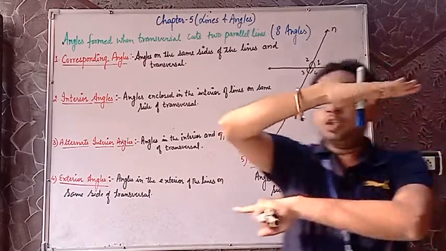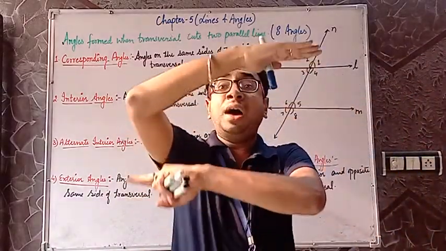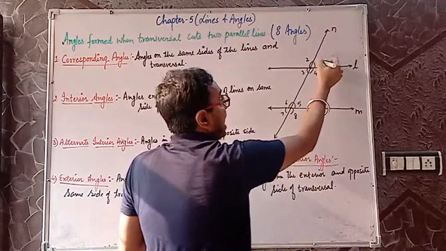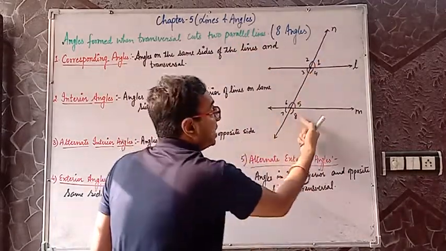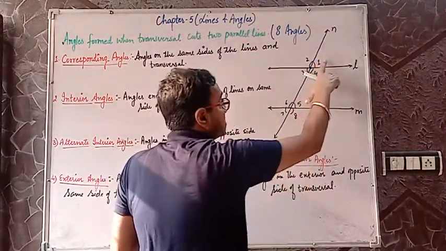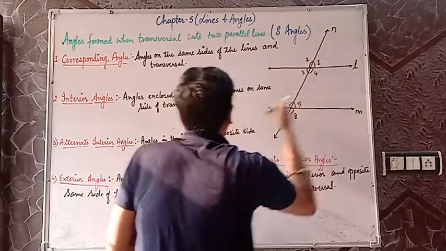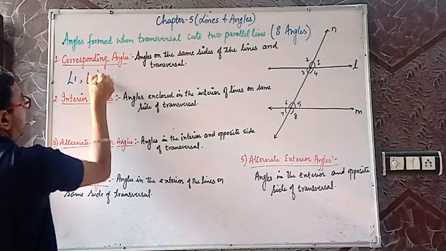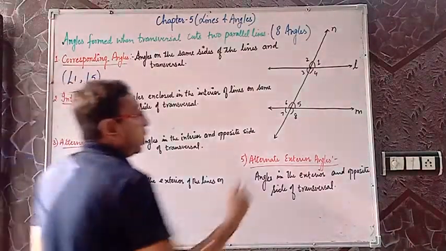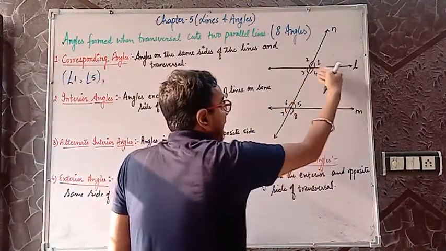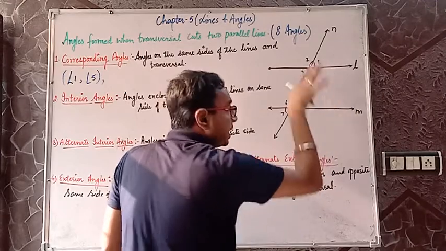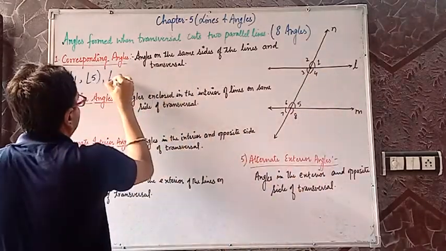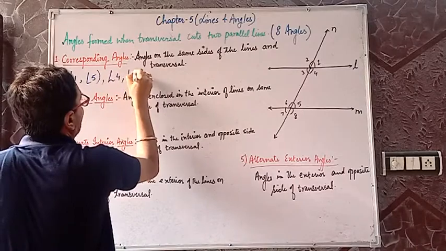Angle 1 is above line L, angle 5 is above line M. Hence angle 1 and 5 form corresponding angles, one pair. Now on L and M, angle 4 and angle 8 are down, so again they form a pair, angle 4, angle 8.